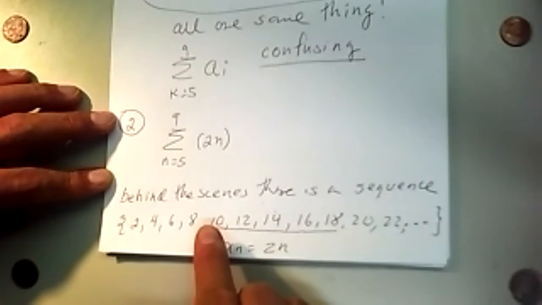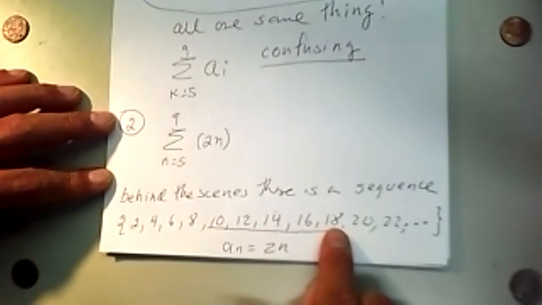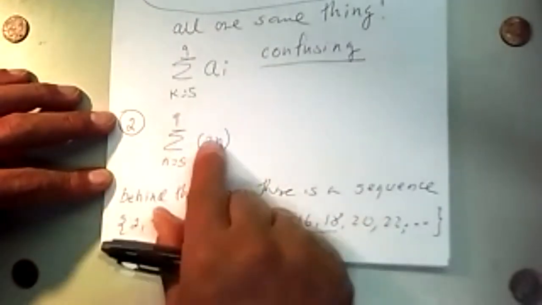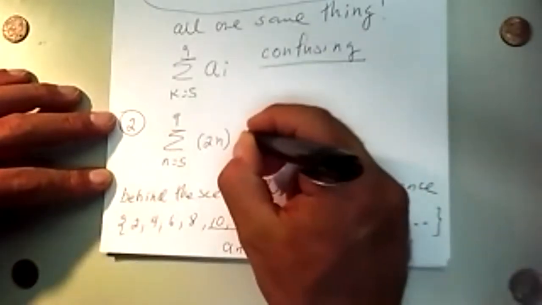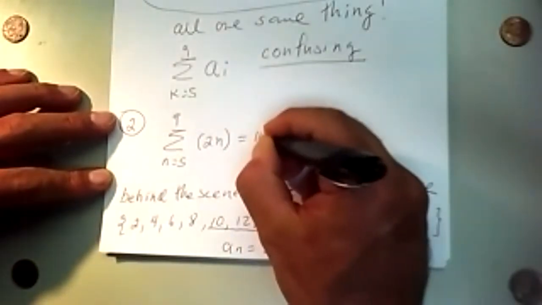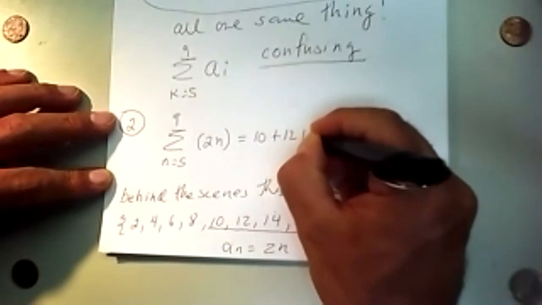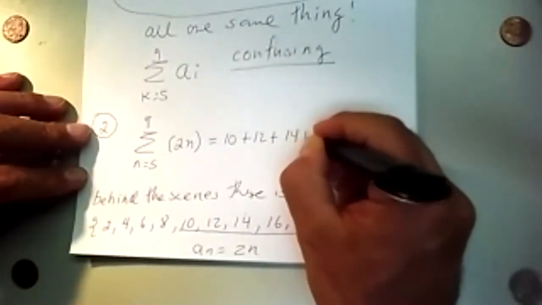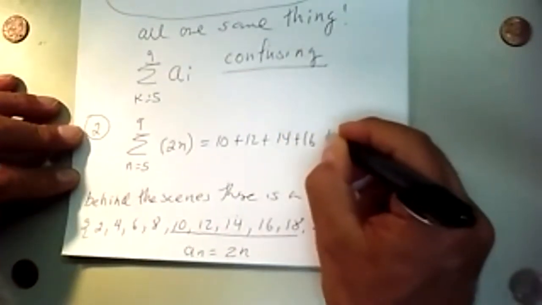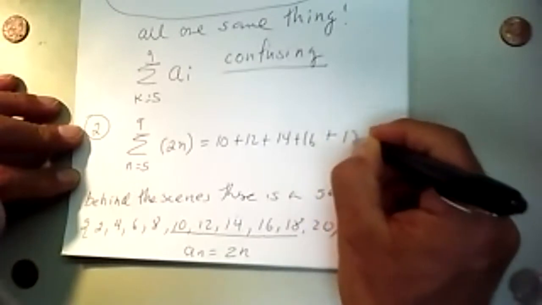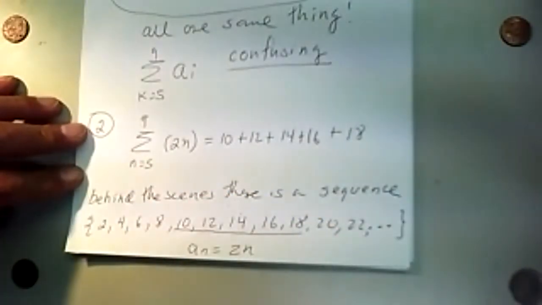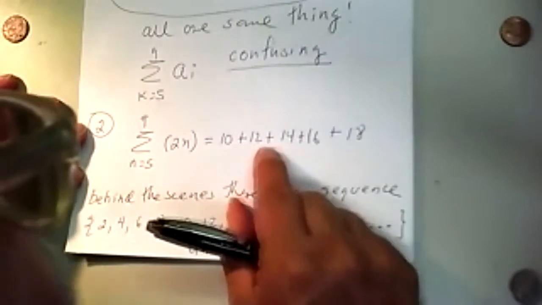So we want to add those 5 elements together. So this is a shorthand for 10 plus 12 plus 14 plus 16 plus 18. And then we have to add those terms together.